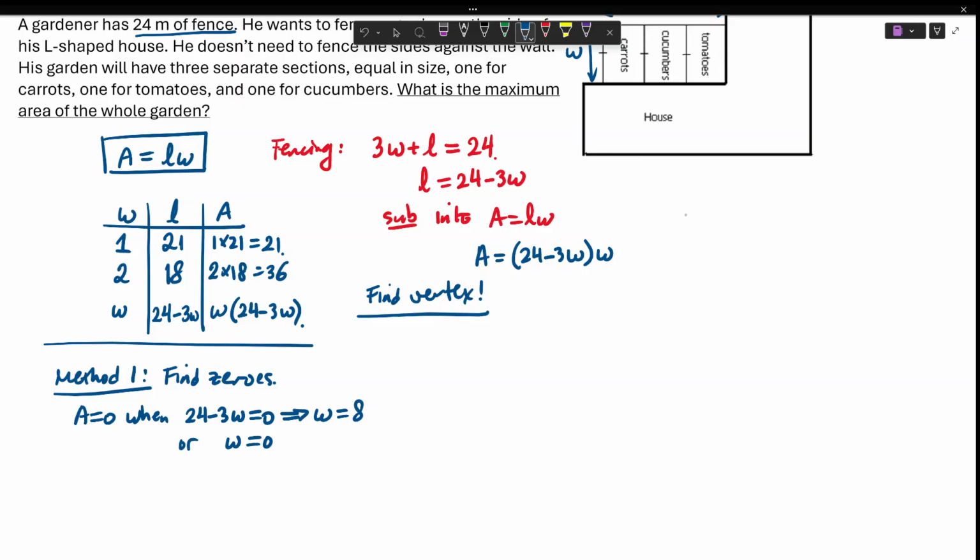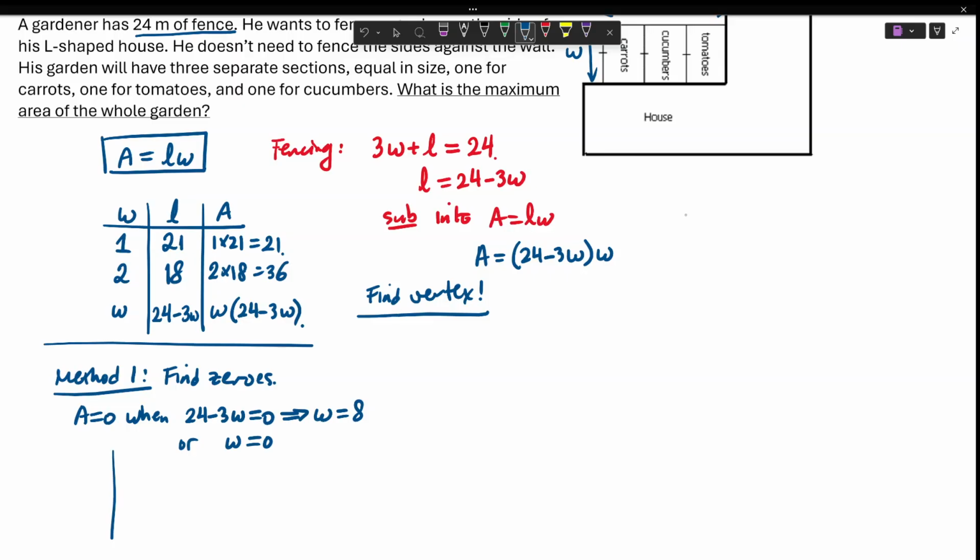What do these numbers mean? Well, if the width is 0, that's like you have a very flat garden, just fenced off a wall, and that's it. And if w is equal to 8, well, 8 times 3 is 24 meters, which is all the fencing, so you didn't leave any for the length. So those would be pretty bad gardens.